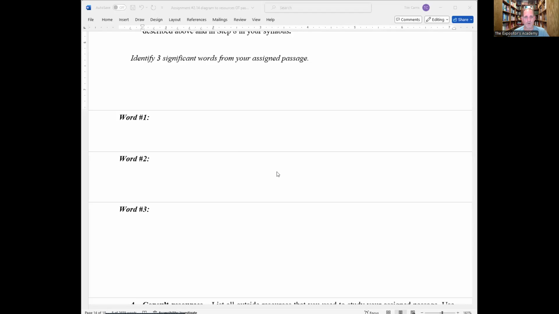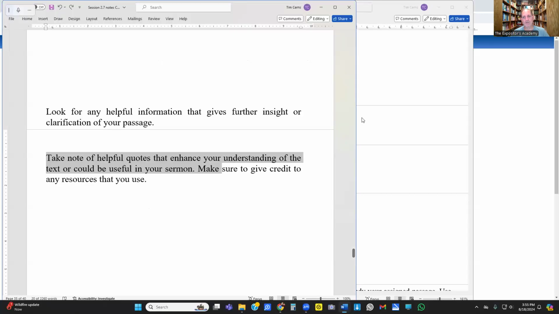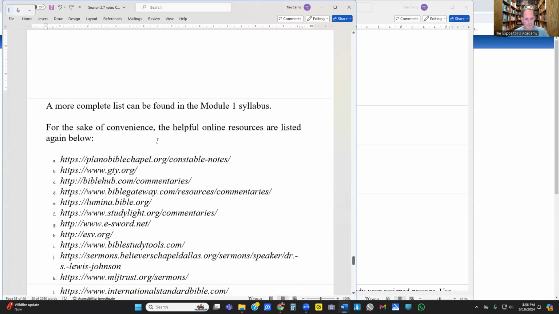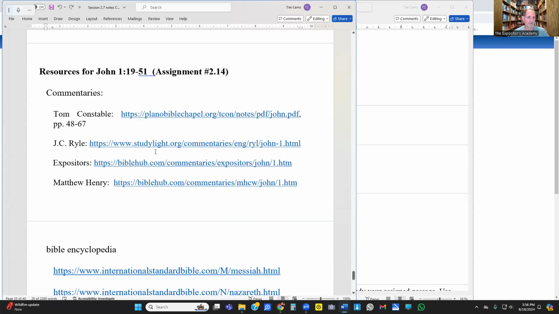All I've asked you to do on the assignment is to just note what resources you used, right? All the other stuff you do on your own. So for example, for John 1, these are some other resources I used for my study of that passage.